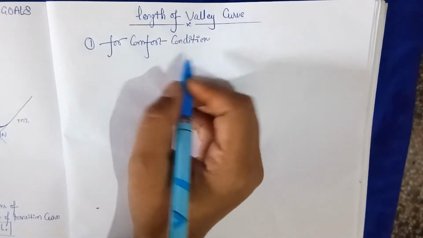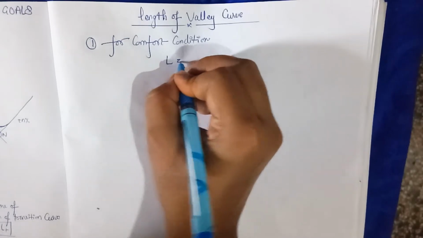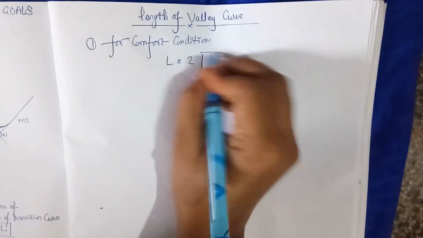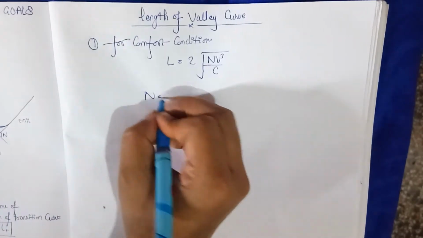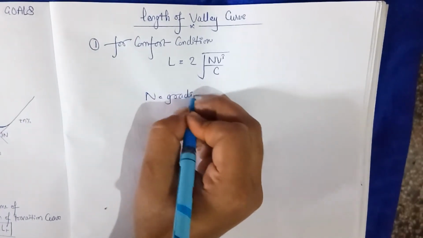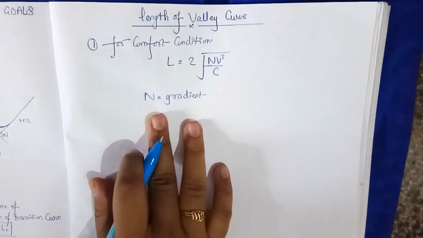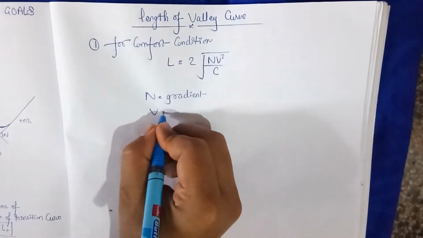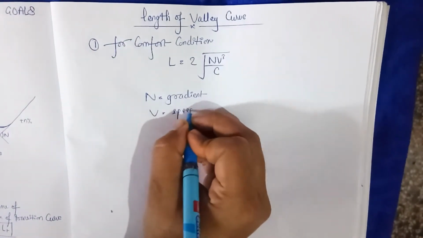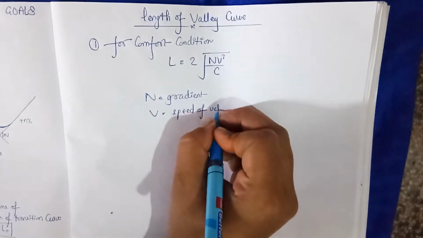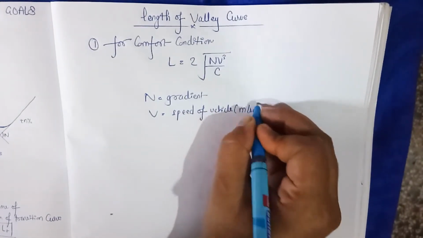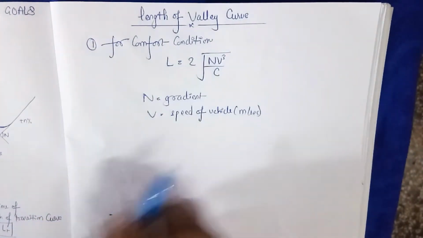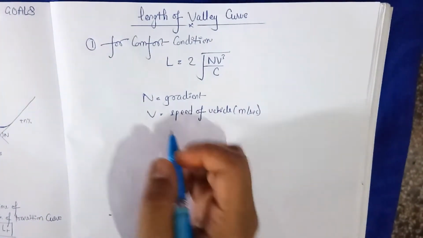So for the comfort condition, the length of valley curve will be equal to 2 into under root of N V cube by C. What is N here? N is the value of the gradient. What is V here? V is the speed of the vehicle. Remember that this is in meter per second, not kilometer per hour. What is C here?